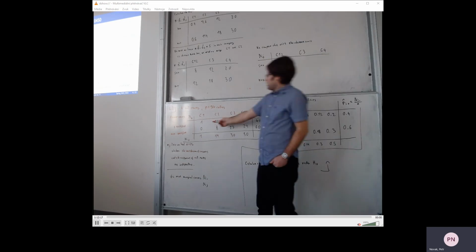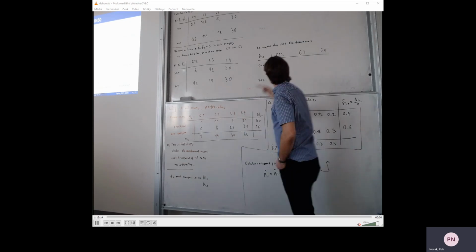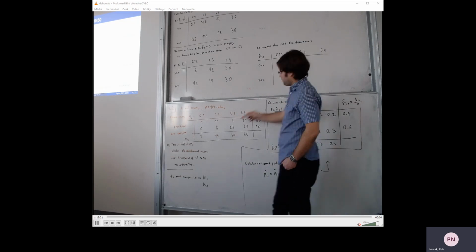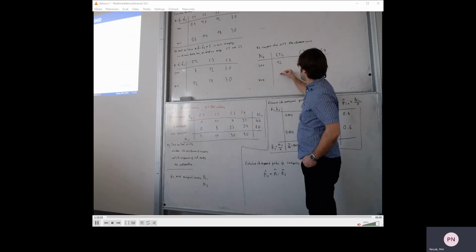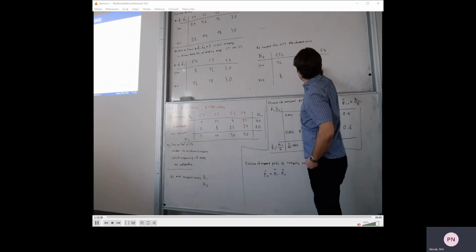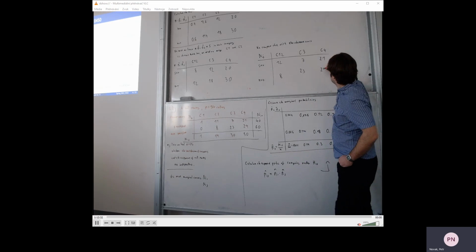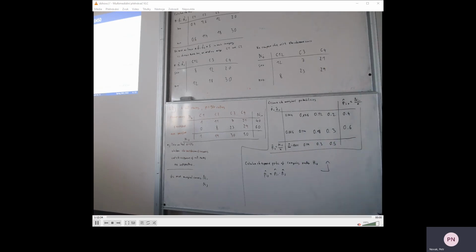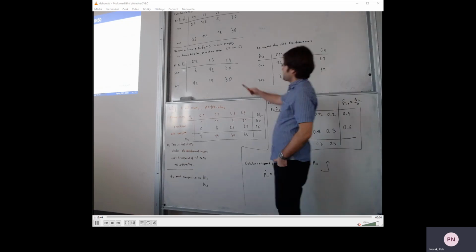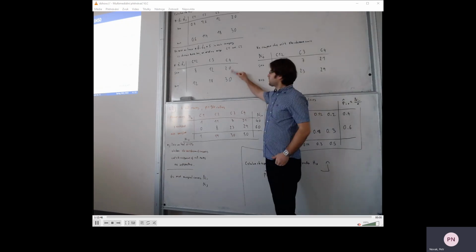So here we merge 1 with 11, so we get 12. Here we merge 0 with 8, we get 8, and this is what we just copied. 7, 23, 21, 29. Okay, so those are the expected counts under the null hypothesis.